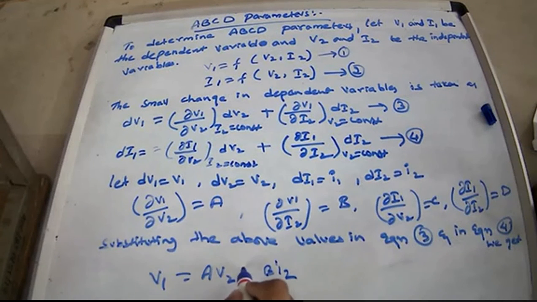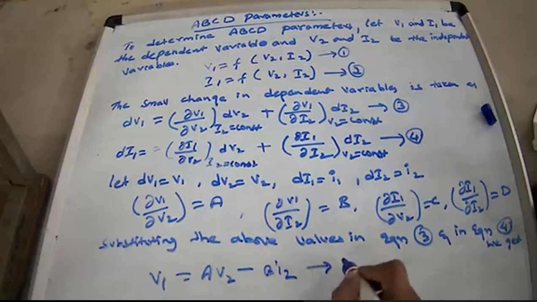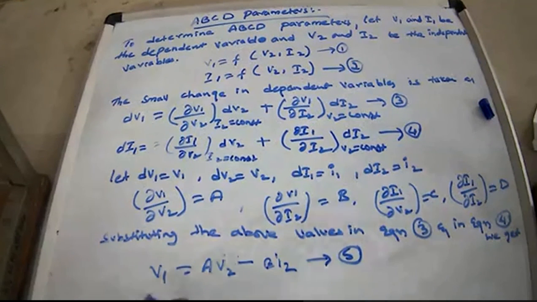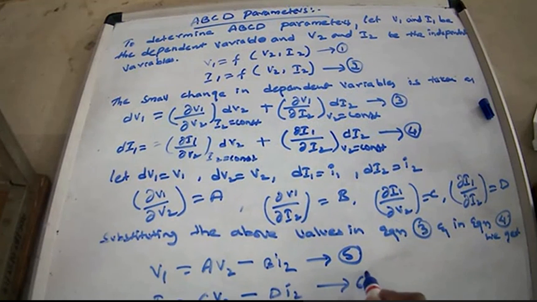For this case we take the sign convention as minus. Let us say this is equation 5. Then next, I1 is equal to C V2 minus D I2. So this is equation 6.